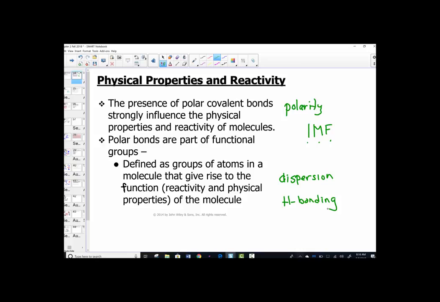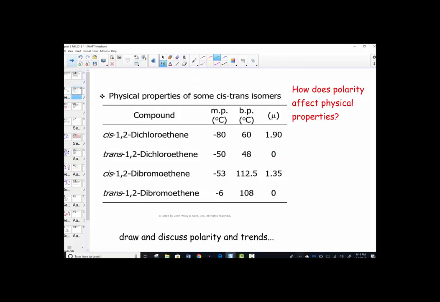And of course, we're missing the dipole-dipole interaction as well. So I'm going to just leave that there for a moment and say there are three van der Waals forces. We'll have ion-ion interaction, but that's where this direction is heading, so we can predict qualities about those. So, just thinking, how does polarity affect some of these physical properties?